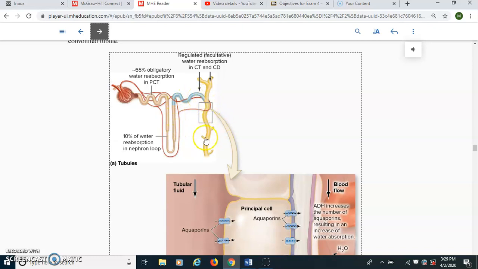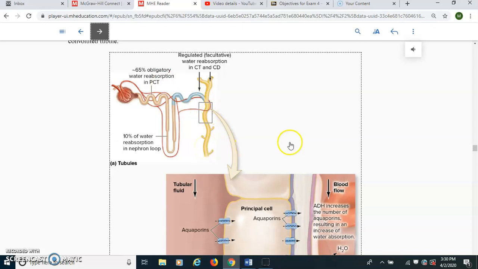But when we get to the collecting tubule and the collecting duct, then we can get some more water reabsorption, and this is the area where it's regulated. So we got about 75% of water, on average, getting reabsorbed early on here. And then how much gets reabsorbed here is regulated based on our body's needs.